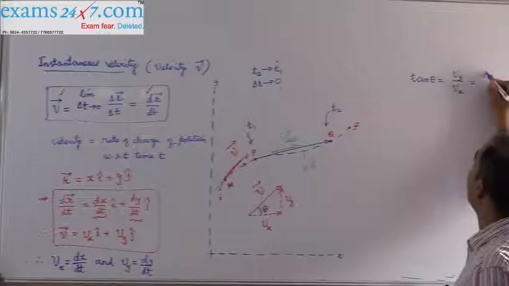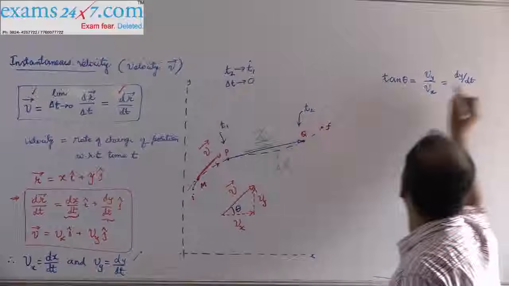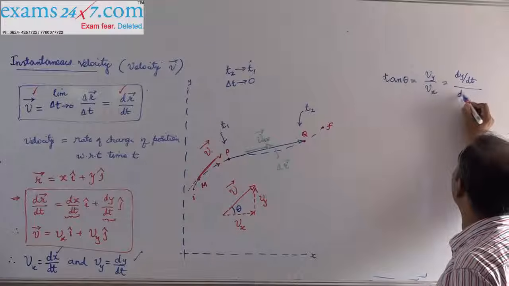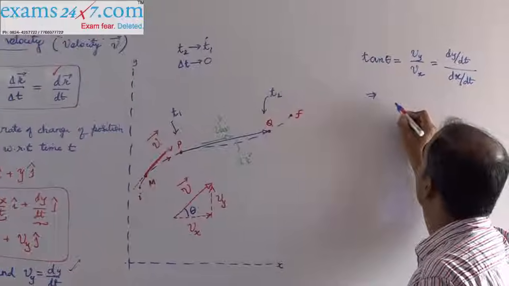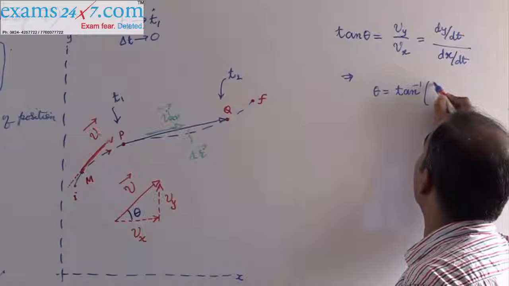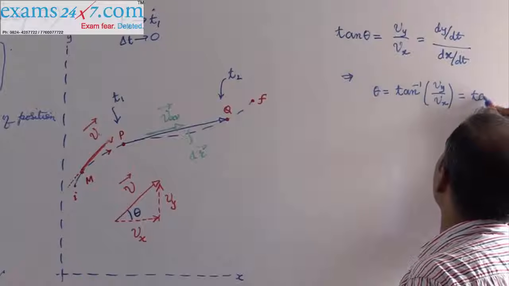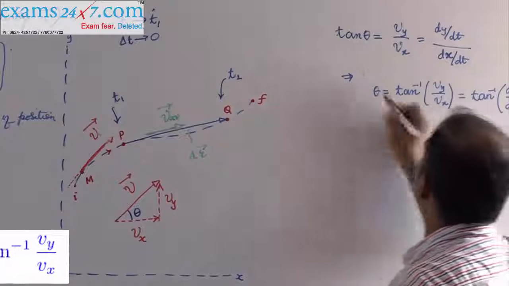Meanwhile Vy is dy by dt, divided by Vx, which is dx by dt, and dt cancels out. So theta can be written as tan inverse of Vy by Vx or equivalently tan inverse of dy by dx.